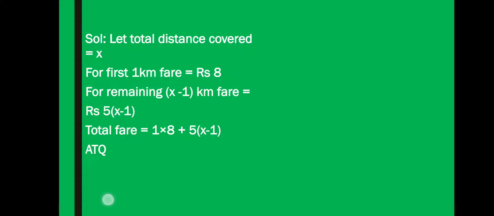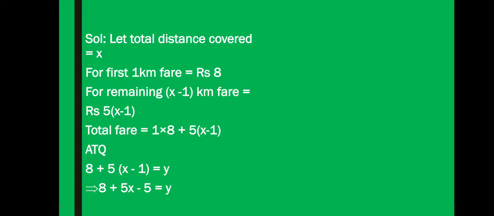But total fare according to question, what you have given total fare? Total fare you have to consider equal to y. That means 8 plus 5 multiply x minus 1, that is equal to y. Then this implies 8 plus 5x minus 5 multiply 1.